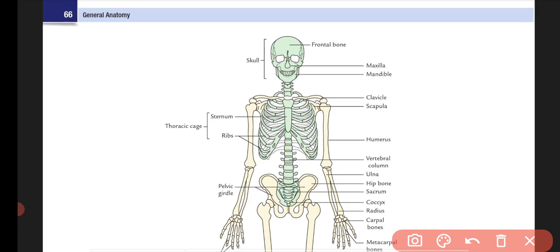Close to this, from here to here, the skull bone, auditory bones and hyoid bone lie here, the rib cage lies here, and the vertebral column.